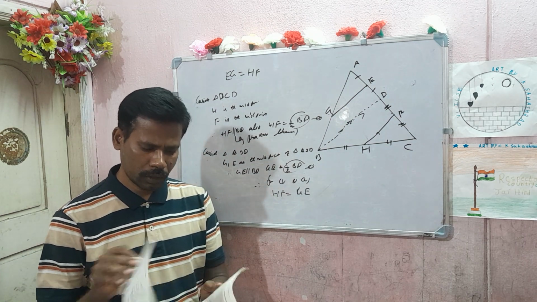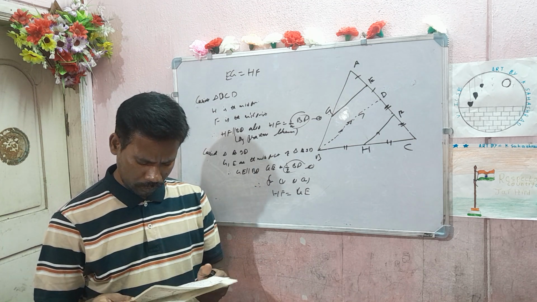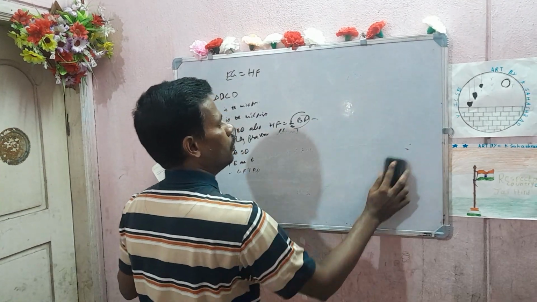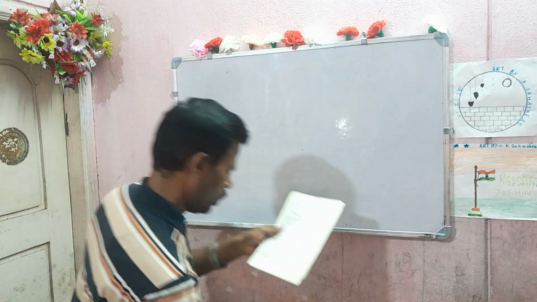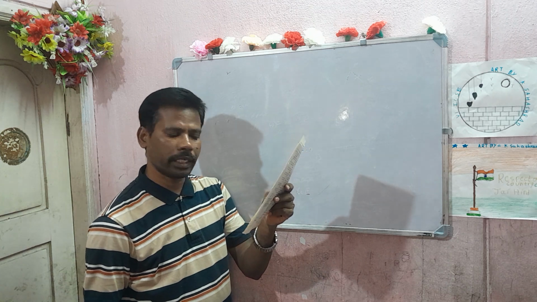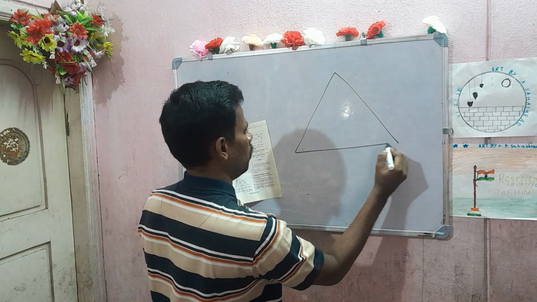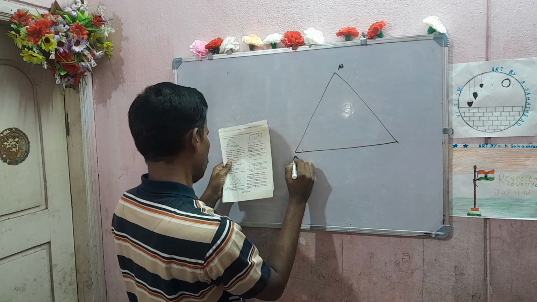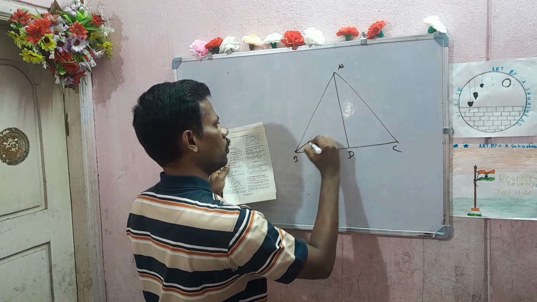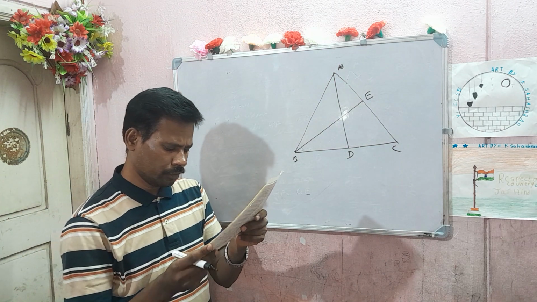Next one. In the adjoining figure, AD and BE are the medians of triangle ABC.